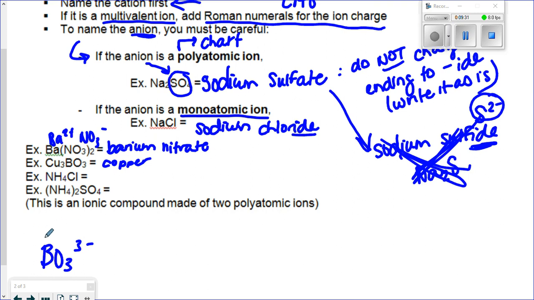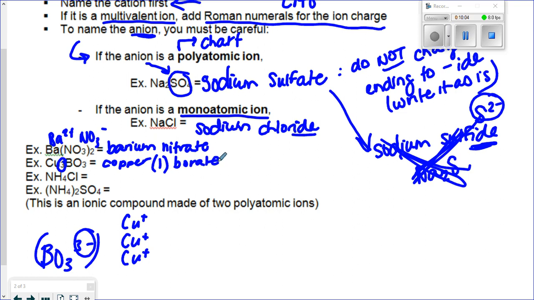And what it's telling us is we have one of these and we have 3 coppers. The way that we know that we have 3 coppers is based on this little subscript there. So we have 3 negatives contributed by our borate ion, and so we know that we need to have 3 positives contributed by our cation. So we know that this needs to be copper 1 borate.